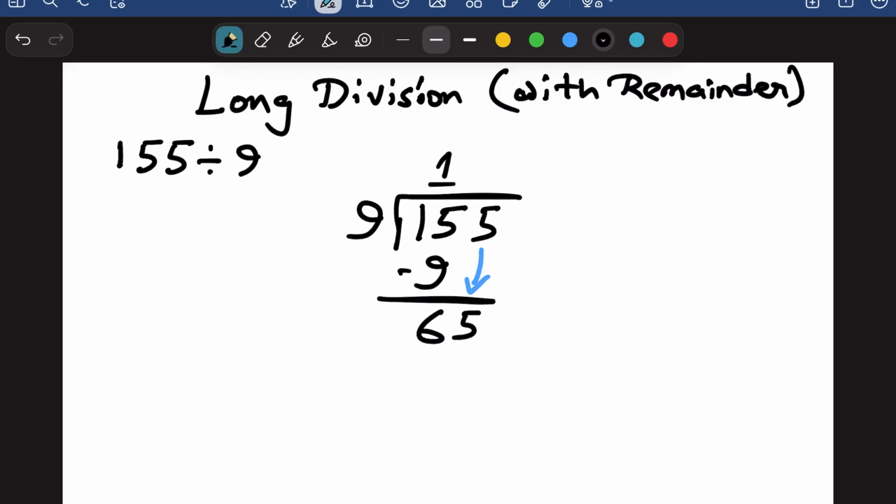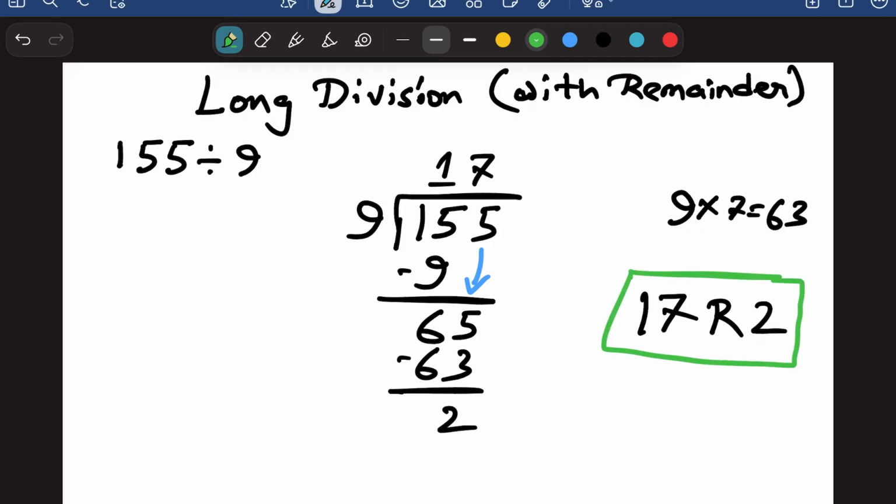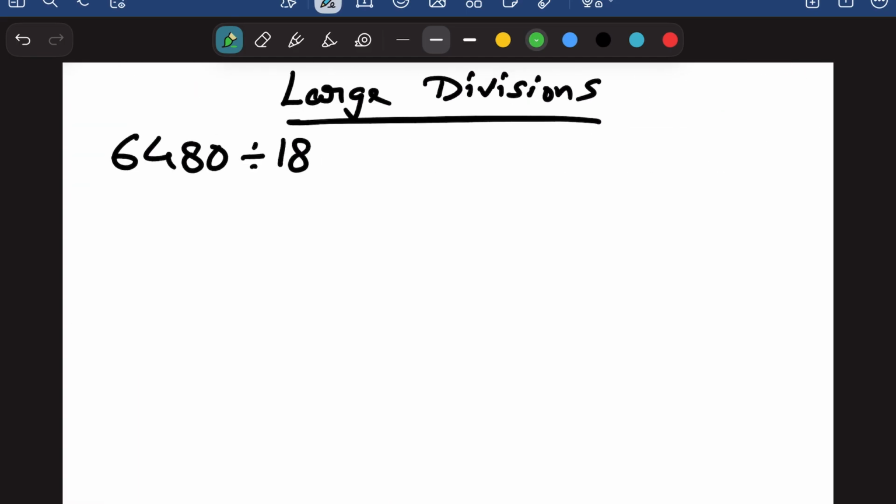So now if you know your 9 times table, you know that 9 times 7 is 63. So then we write 9 times 7 is 63. 65 minus 63 is 2. And then you write the answer as 17 R2. R for remainder, okay? So this is the way to express your answer. Quotient, then R, and then the remainder.